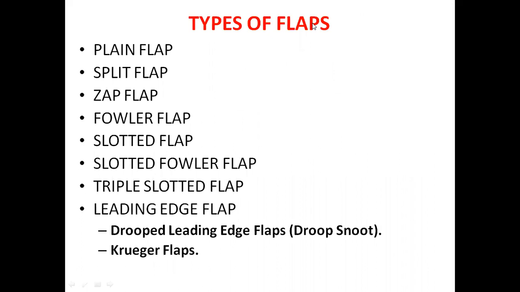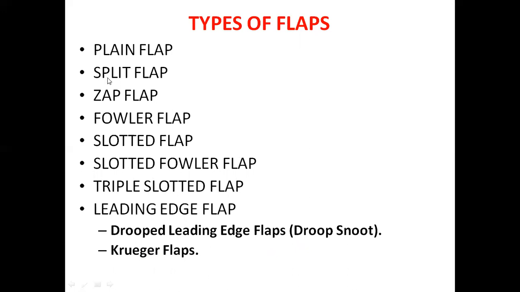These are the types of flaps available. Plain flap, split flap, jet flap, collar flap, slotted flap, slotted collar flap, triple slotted flap, leading edge flap. This leading edge flap again comes in two categories. One is the droop leading edge flap, also known as droop snoot, and the second is the Kruger flap.